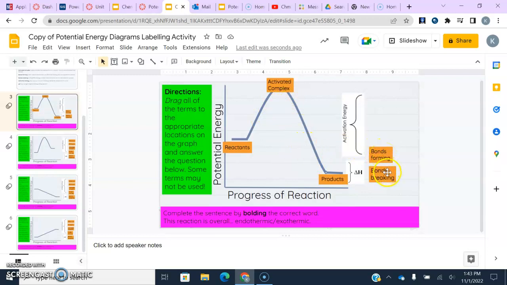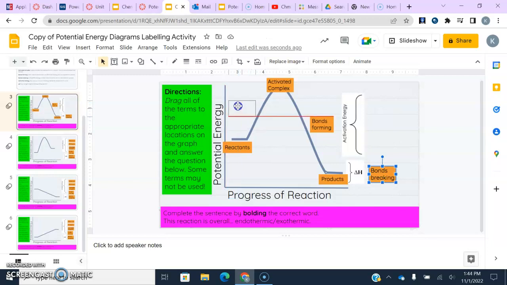In this instance, this is our potential energy on our Y, and the progress of our reaction is on our X. So what we're seeing here is basically just the formation of these products and how the heat energy is changing. So the bonds are forming when there is a downward slope, and the bonds are breaking when there is an upward slope.